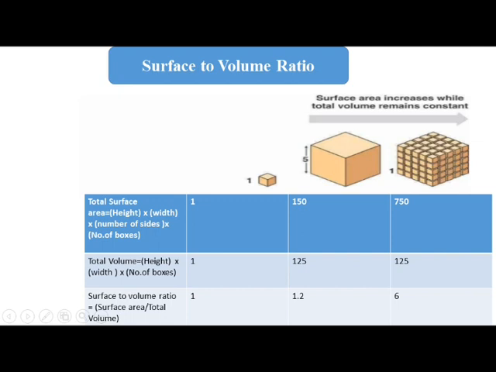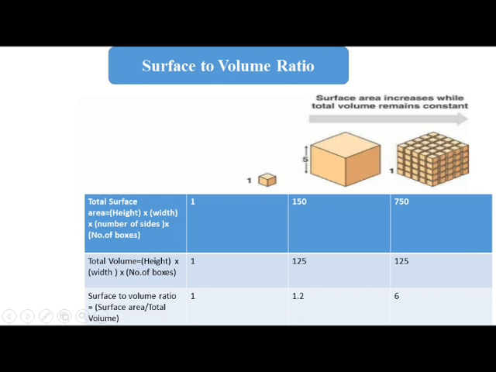The surface to volume ratio is calculated by surface area divided by total volume. For the first case, the surface to volume ratio is 1. For the second case, it is 150 by 125, which is 1.2. And for the third case, it is 750 by 125, which is 6.